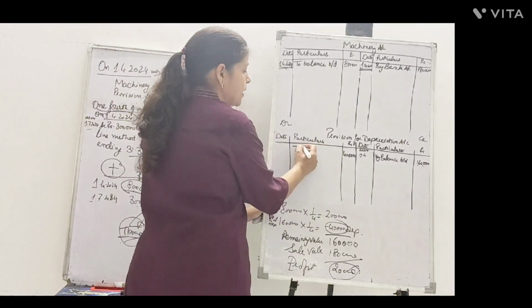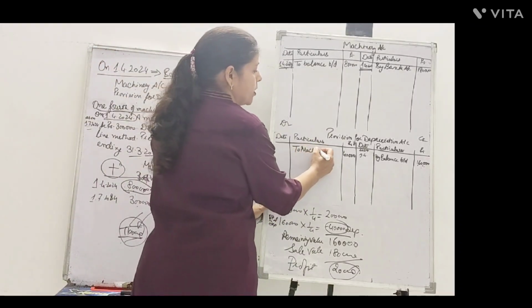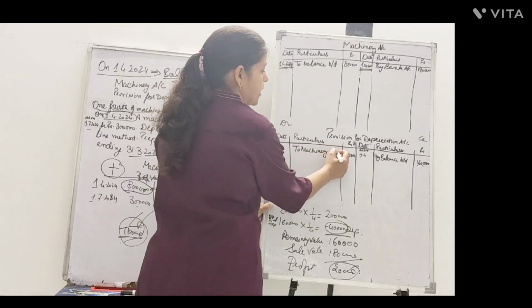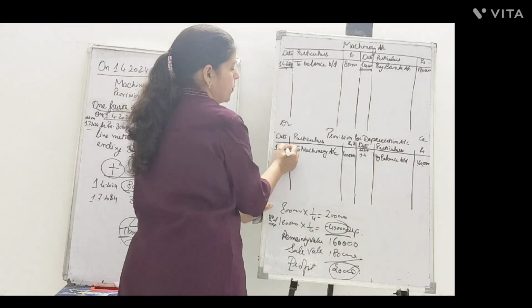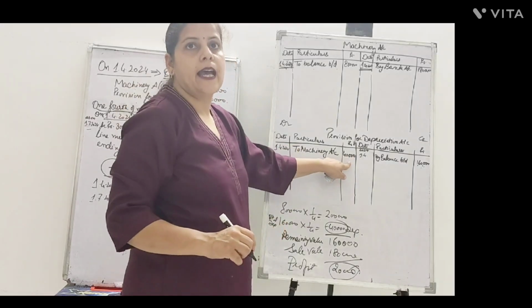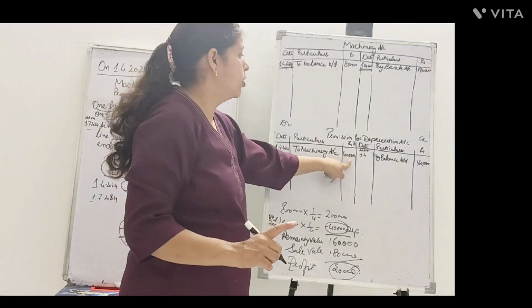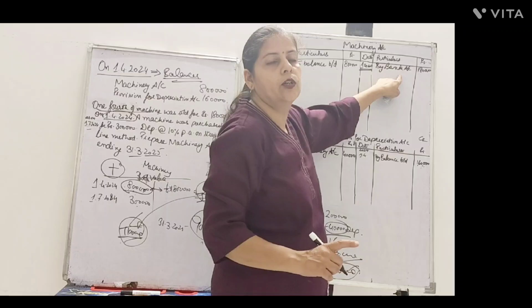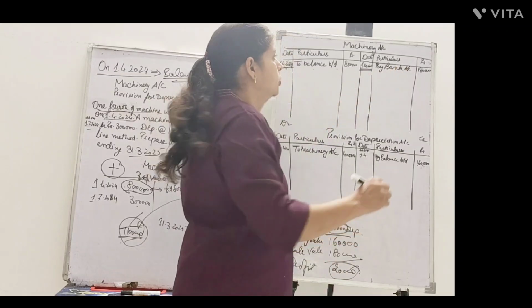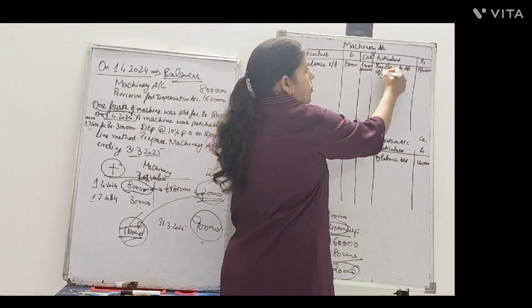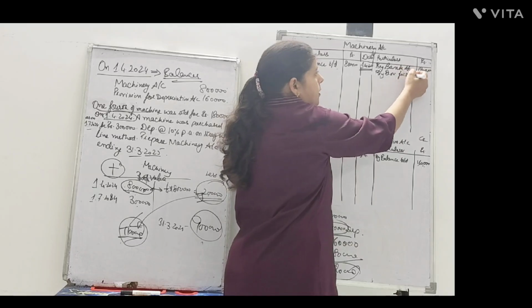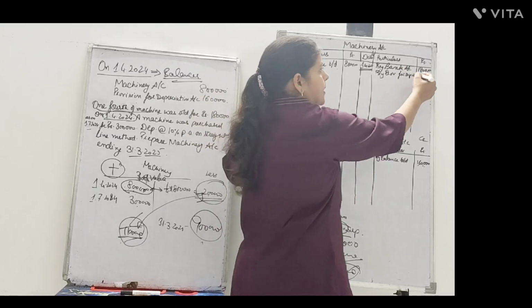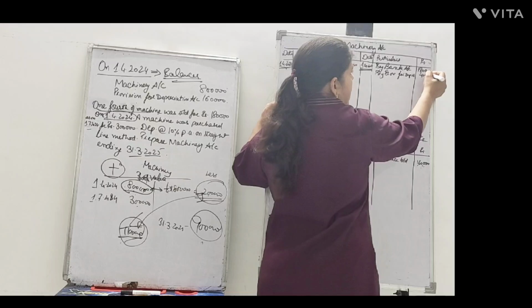So this needs to be transferred to which account? That is the machinery account, on the date we are selling, 1st of April 2024. This depreciation would be transferred to the machinery account. So by provision for depreciation account, the total value of depreciation is 40,000.